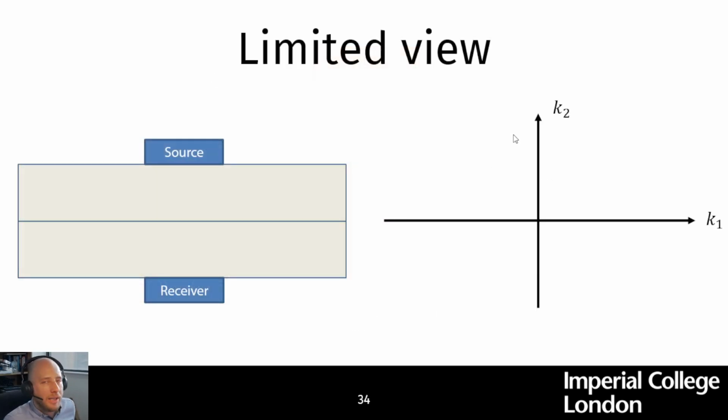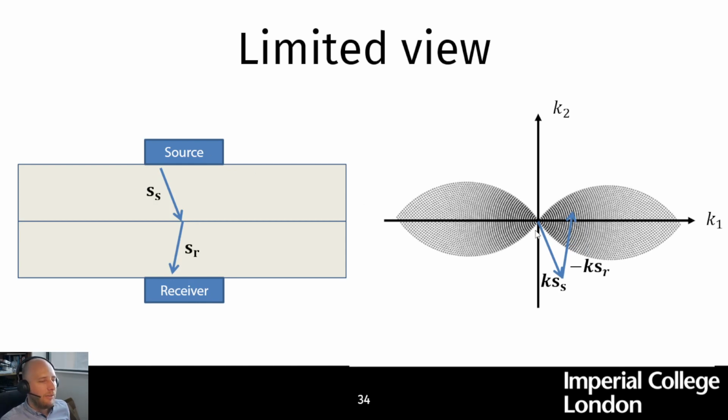Another thing we can do is to investigate limited view cases with this K space. If we now have our source above and receiver below, like we talked about before, we look at the vectors you can get from this. We get something like this, just for this simple case. If we plot all these out, varying across the receiver and varying across the source, we end up with this sort of shape, it's not really an infinity symbol, maybe somebody can let me know what shape this really is.